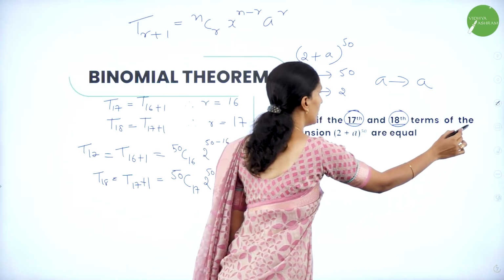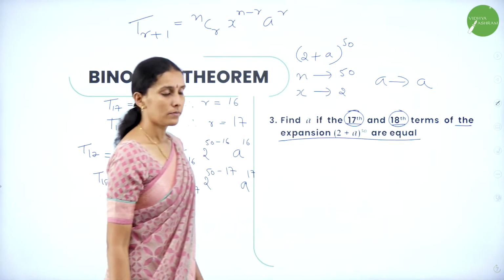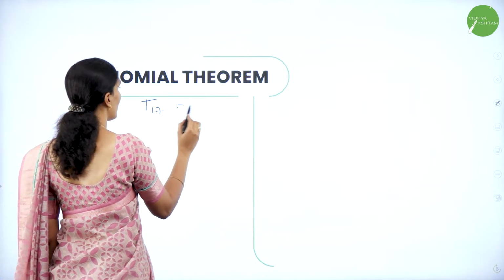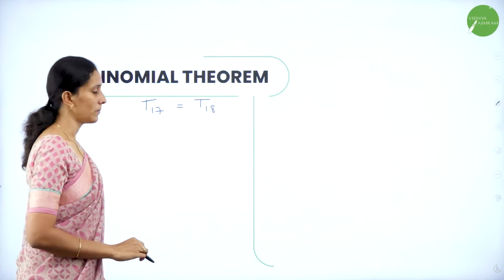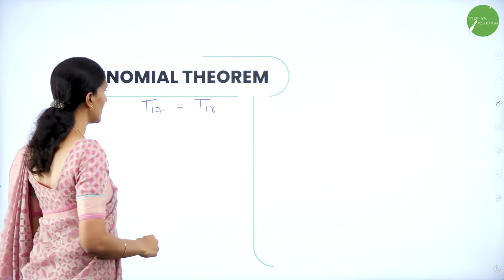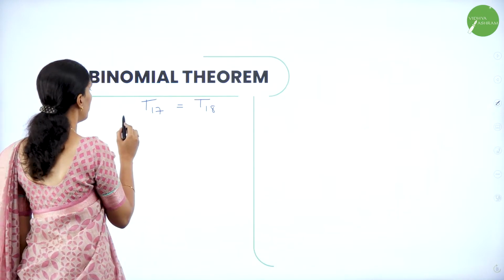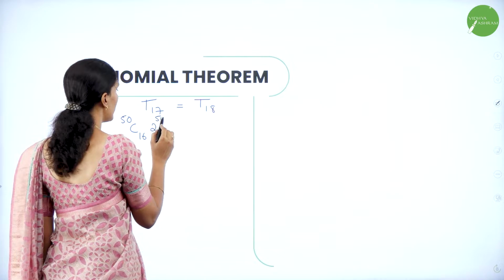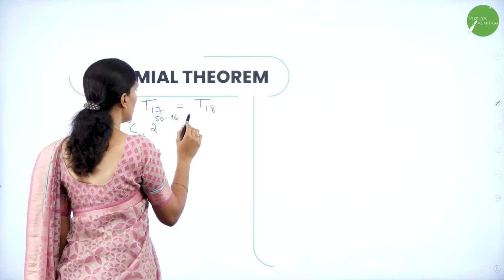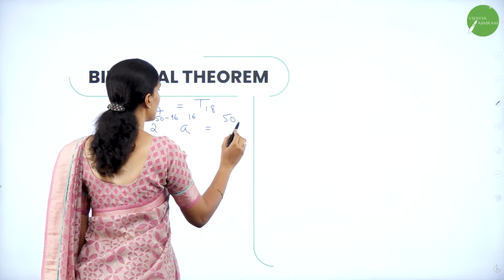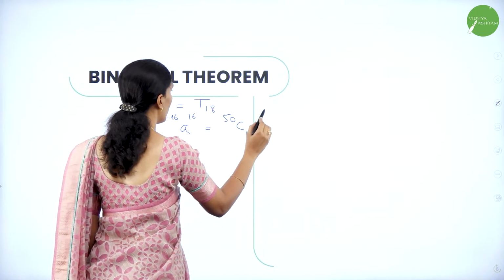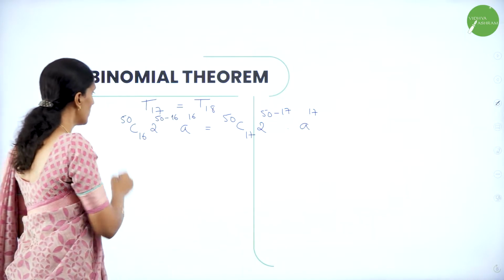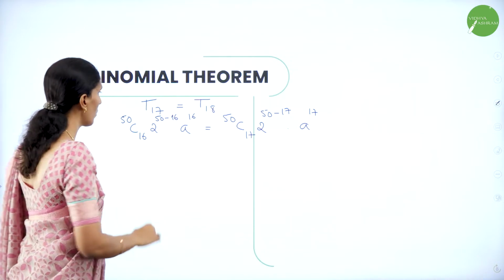Given that they are equal, therefore, I should equate them. So, let me equate. T17 is equal to T18. What is T17? 50C16 and 2 power 50 minus 16, a power 16. Here 50C17, 2 power 50 minus 17 and a power 17. So keep the 50C16 term as it is.